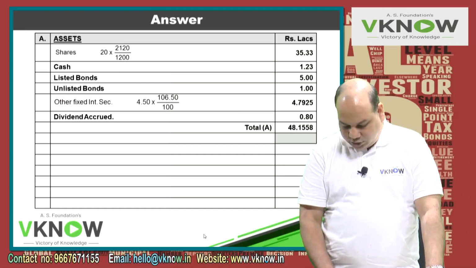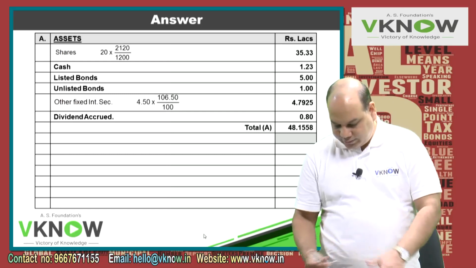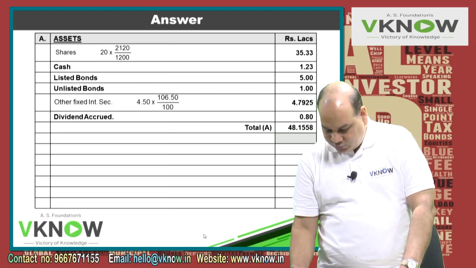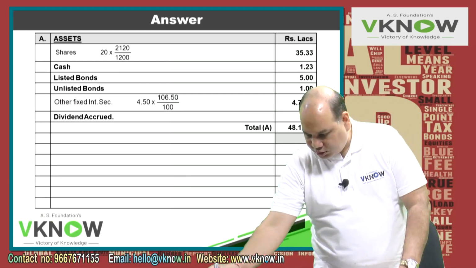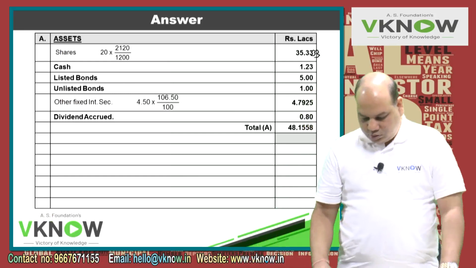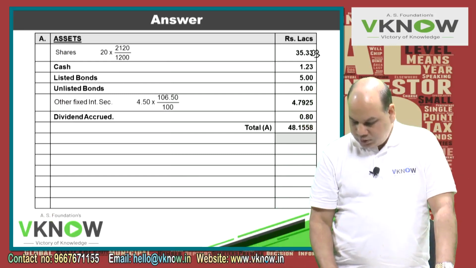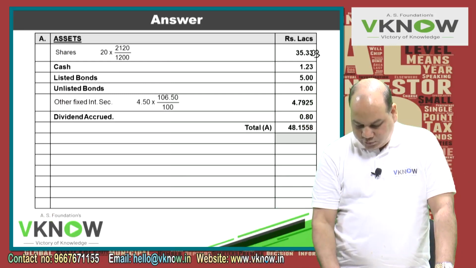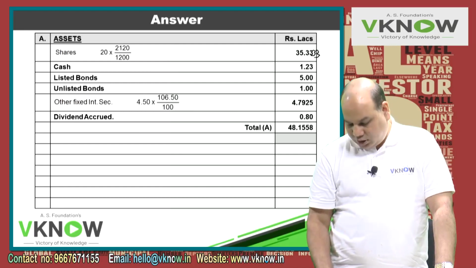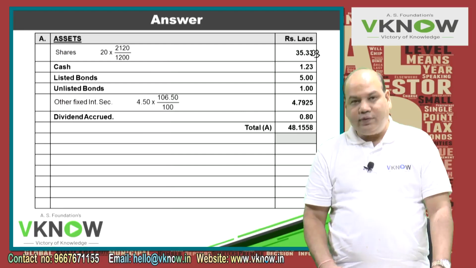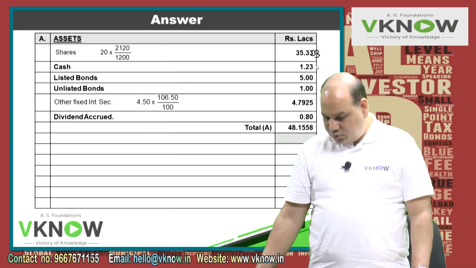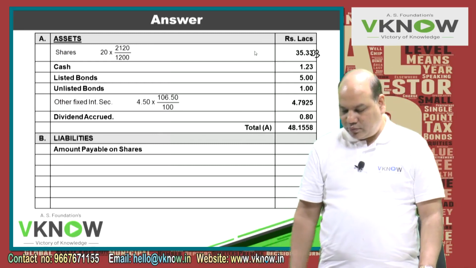Suppose the first number I take 35.3333, plus 1.23 plus 5 plus 1 plus 4.7925 plus 0.8, and that is equal to 48.1558.